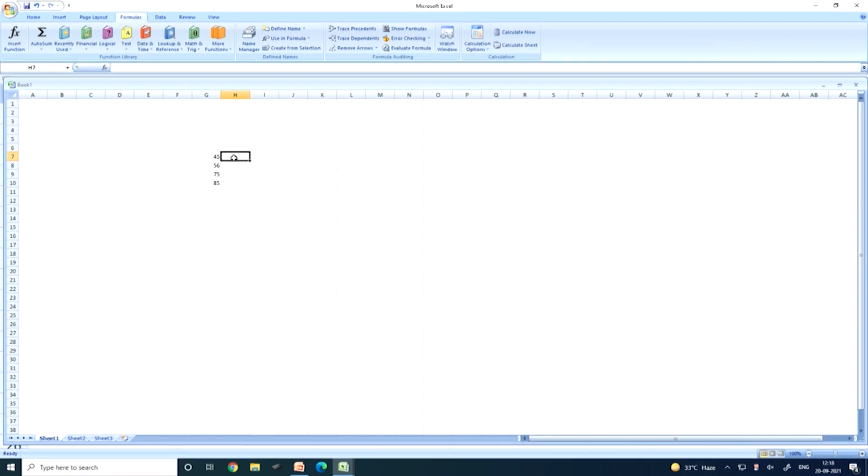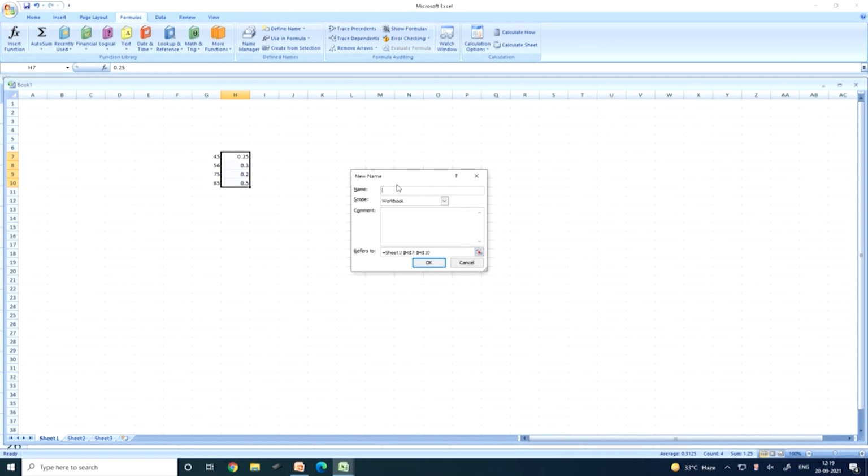Suppose here I have given weightage, for example 0.25, 0.3, 0.2, 0.5. For this range I am going to give another name, select define name, weight1.